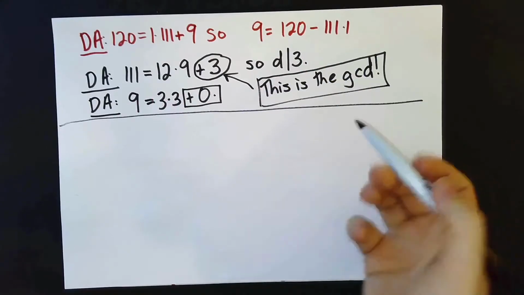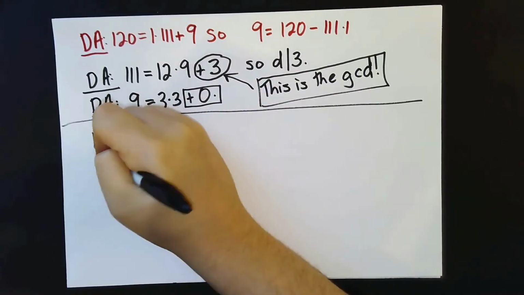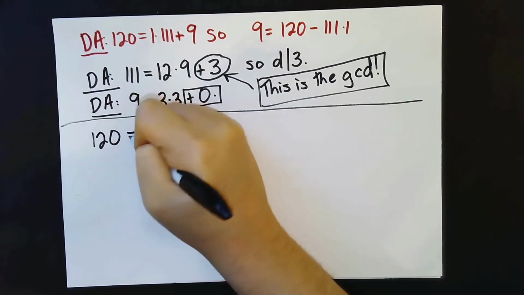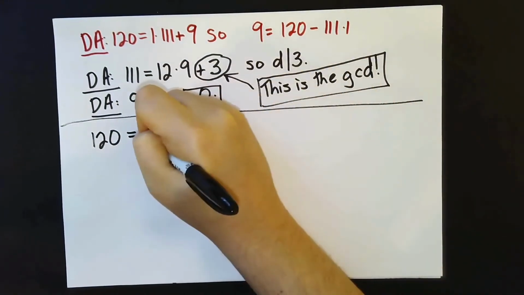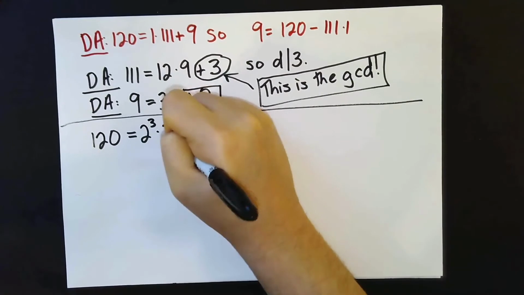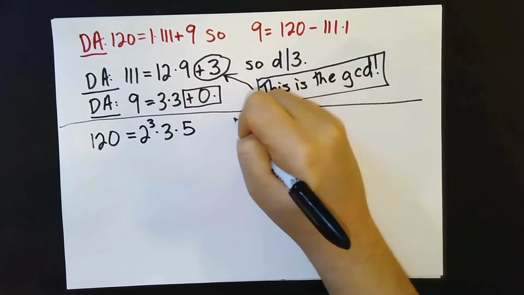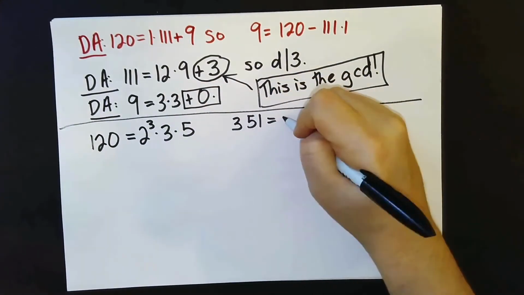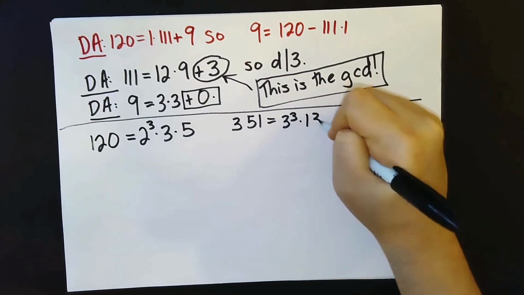Now note, at no point in this process did I need to know that 120 happens to factor as 2 cubed times 3 times 5, or that 351 happens to factor as 3 cubed times 13.